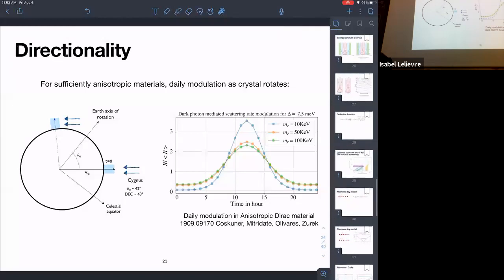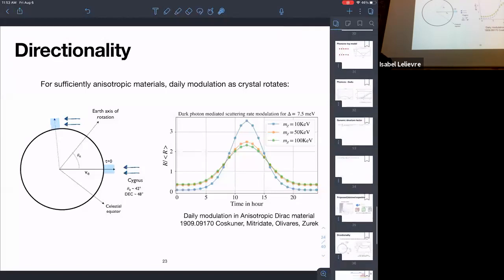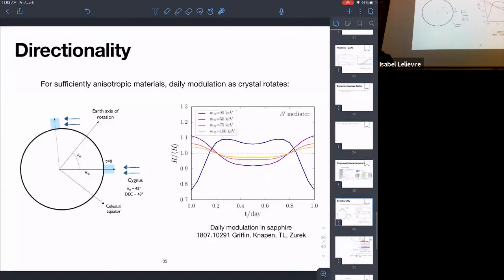And then for, okay, here it is. For phonon excitations, you also get a modulation. It depends basically on what the phonon energies are in the crystal as you rotate. And so that's where these modulations are.